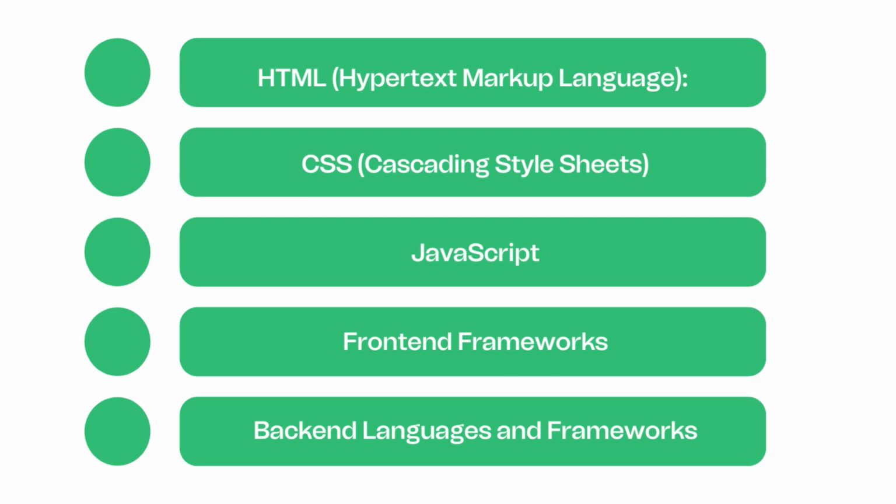Back-end development involves server-side programming to handle data, user authentication, and server operations. Common back-end languages include Node.js, which is a popular choice for coding. You have Python, with two frameworks there called Django and Flask. You've got Ruby, which is Ruby on Rails. You've also got PHP and Java, which is Spring Boot.